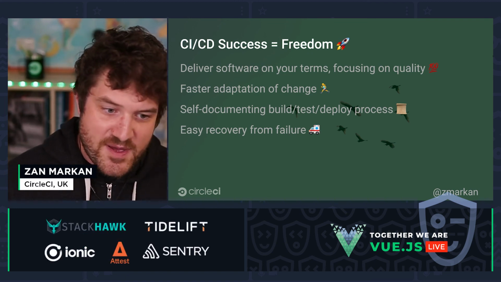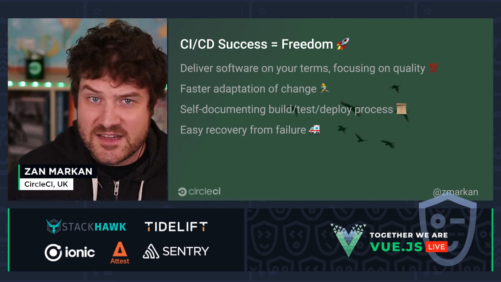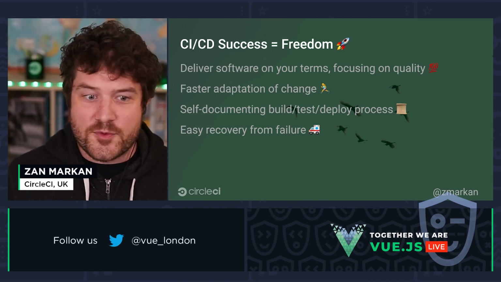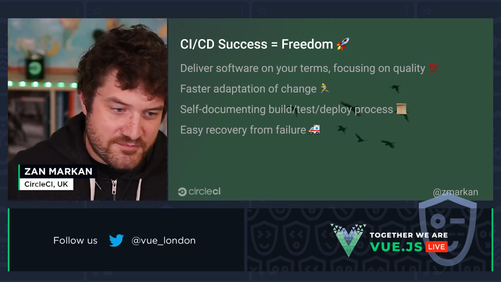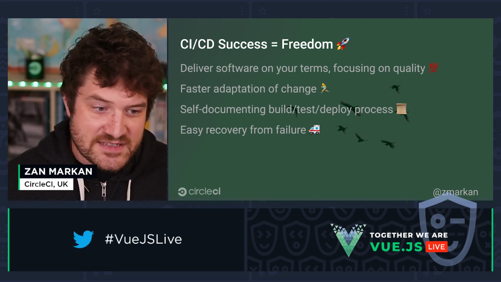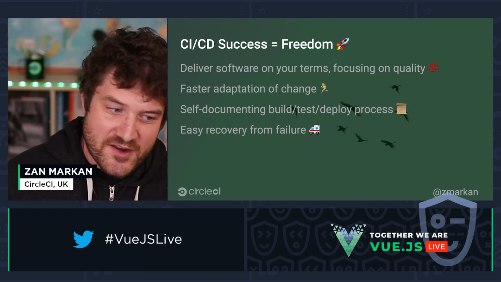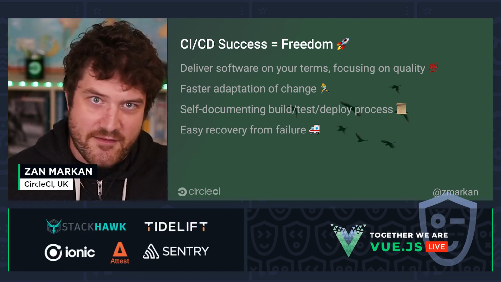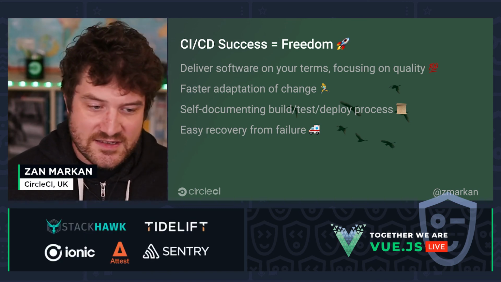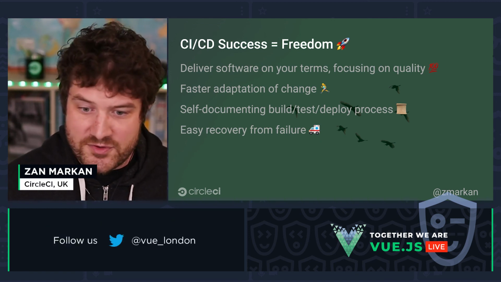And as a benefit, you have this self-documented build, test, and deploy process, which anyone can read and utilize, and obviously recover from failure a lot faster because A, everyone understands the whole process, and B, it's all reproducible.